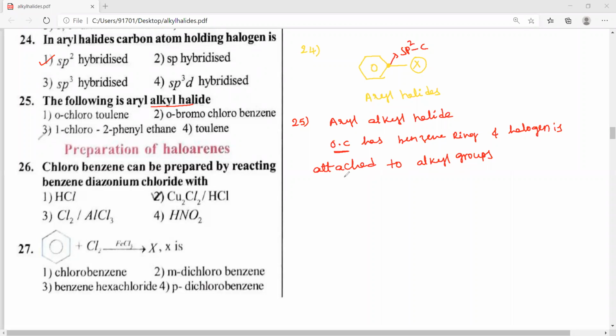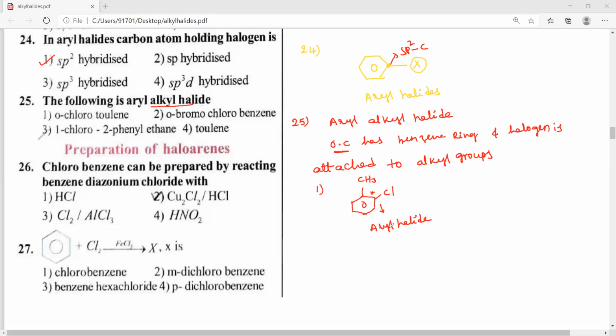Let's see which of these is an aryl alkyl halide. The first option is ortho-chlorotoluene. We know that a benzene ring with a CH3 group is known as toluene. At the second position, chlorine is present. The halogen is directly attached to the benzene ring, so it is an aryl halide only, not an aryl alkyl halide.